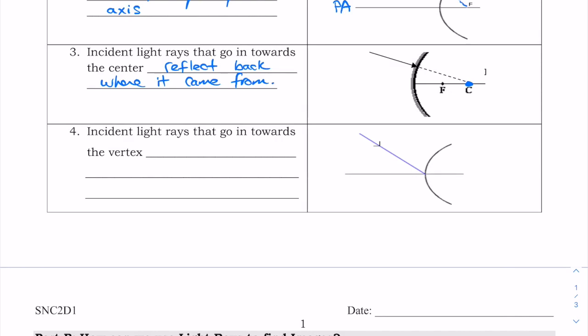Okay, so we'll take a look at this. Here's our incident ray of light. It's heading towards point C. It's not going to actually get there though because the mirror is in the way, but what it does is reflect off of the mirror and head backwards in the same direction that it came from.